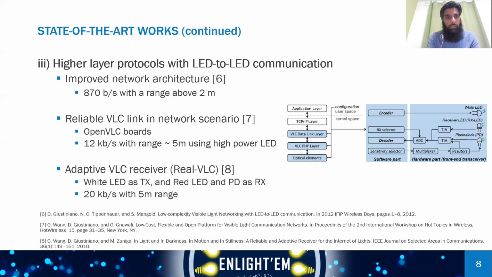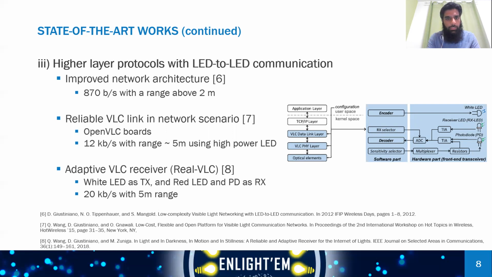Another work was presented in [7] by Wang et al., in which they produce a very reliable VLC link in a network scenario. They used OpenVLC boards, which are currently available for the research community for research on visible light, and they claimed a data rate of 12 kb per second with a 5-meter range.